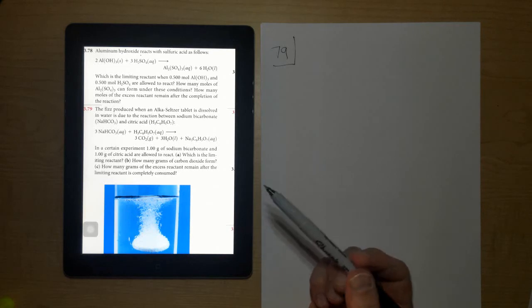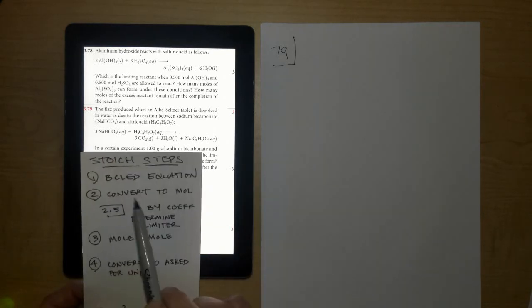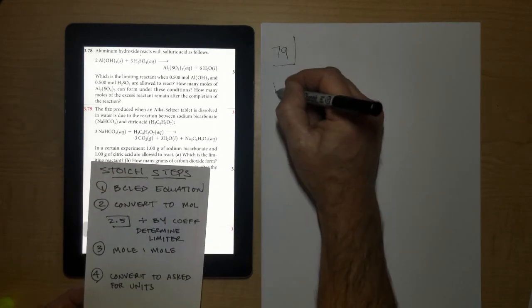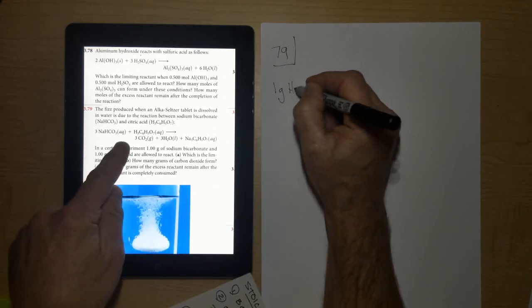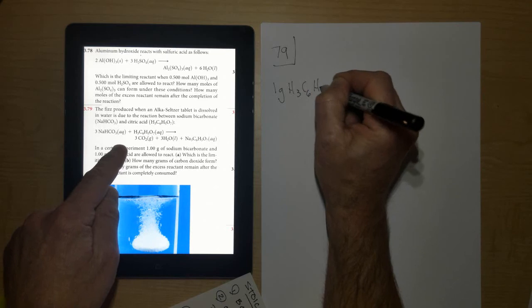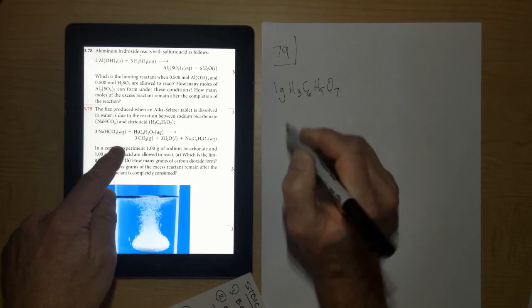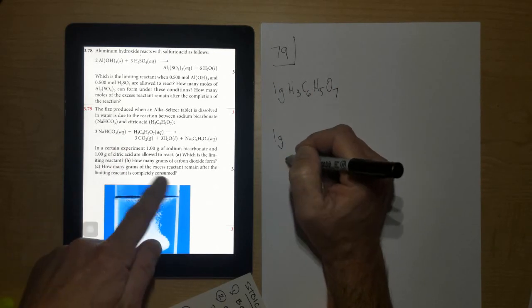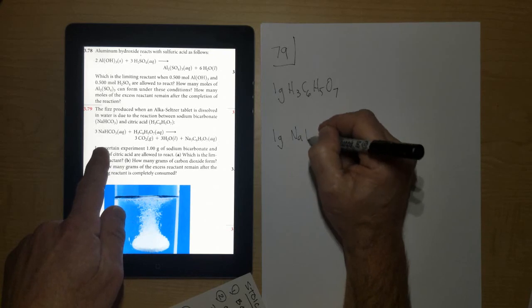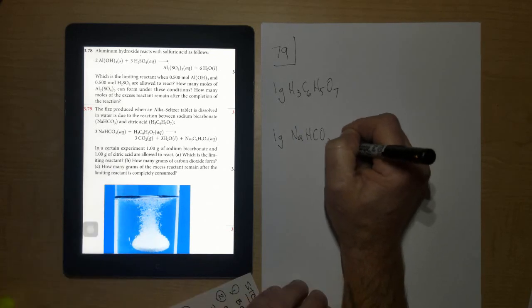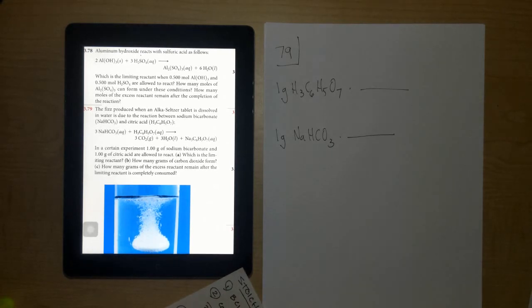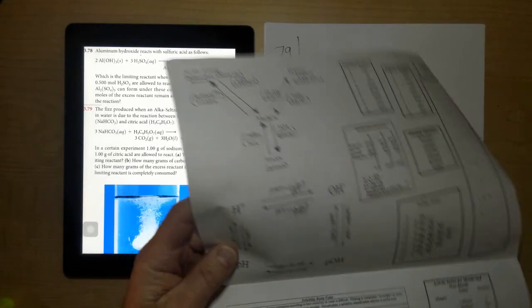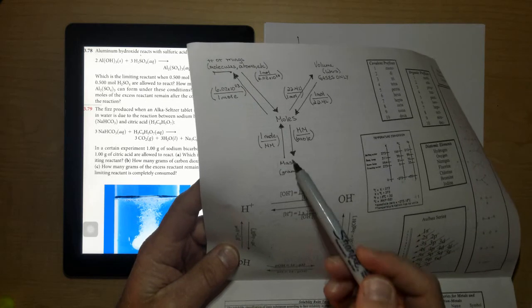Oh, yeah, tough one. So step number 2, convert to moles. Now we have 1 gram of the citric acid, the H3C6H5O7, skip a line, and 1 gram of the sodium bicarbonate. You're going to have to add those up on the periodic table and go from grams to moles. Okay?